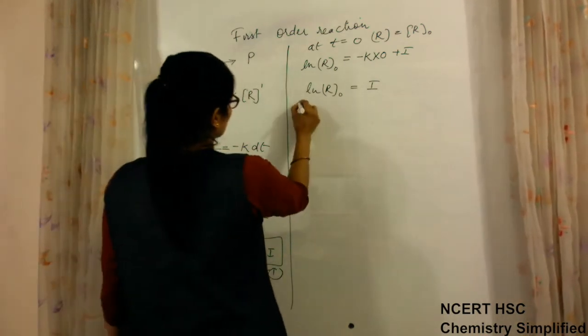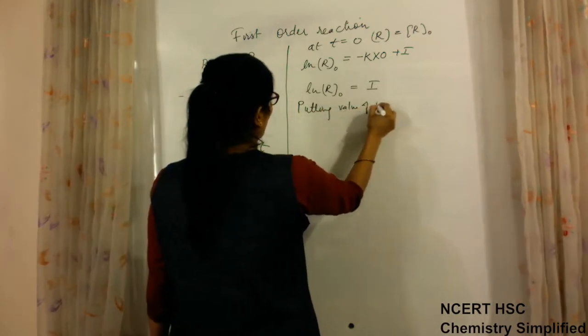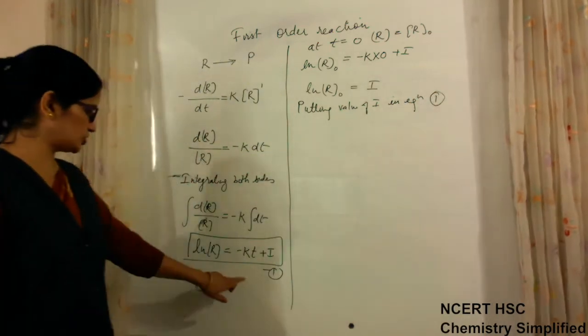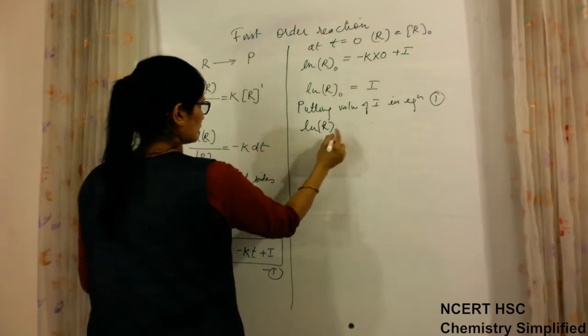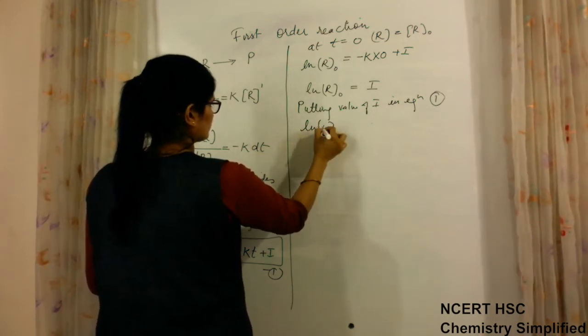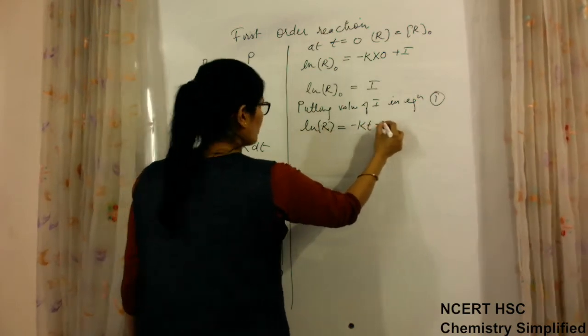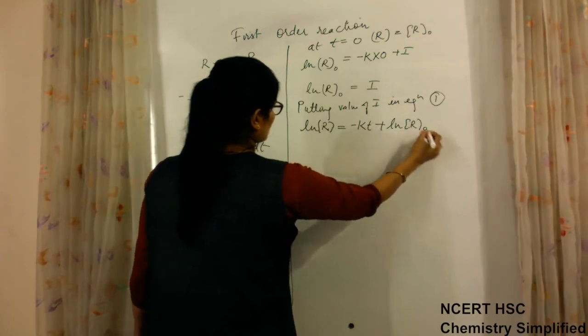Putting the value of I in equation number 1, this equation will become ln R is equal to minus kt plus, in place of I we will write ln R naught.